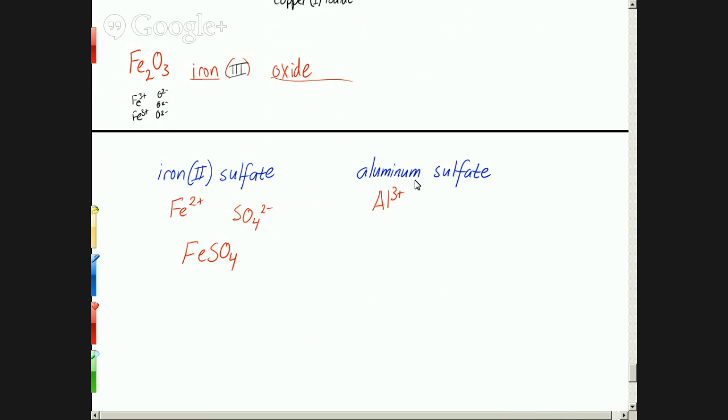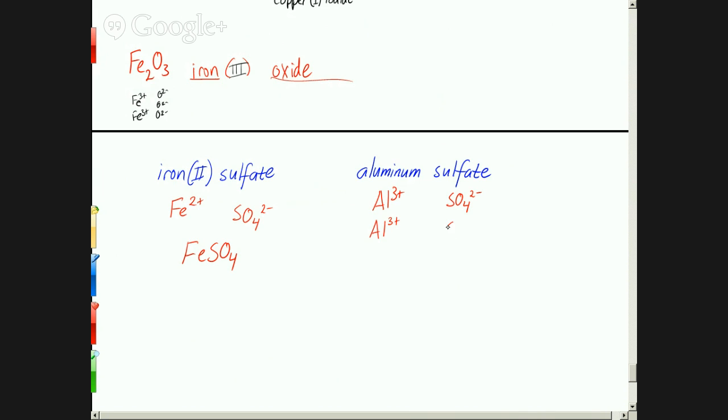So once again, what's sulfate? All right, so how are you going to get these things to balance out? The 3 and the 2 are never going to balance out if you only change one, so we're going to have to change both of them.